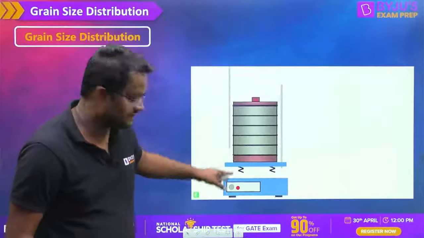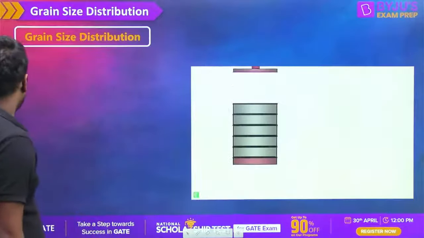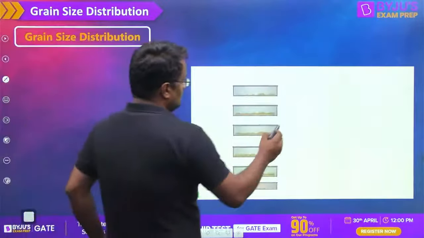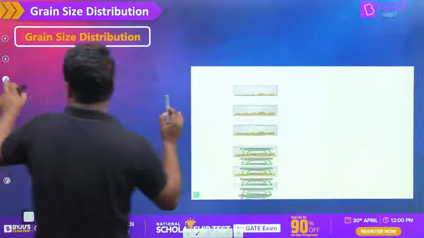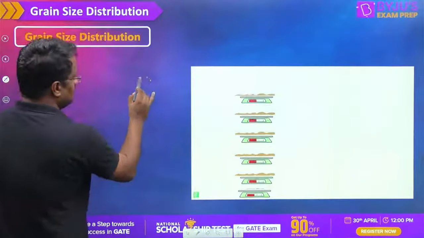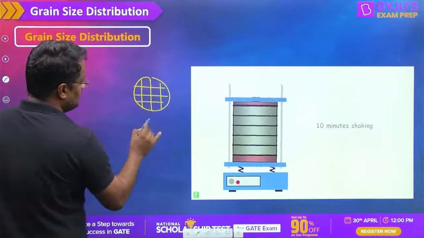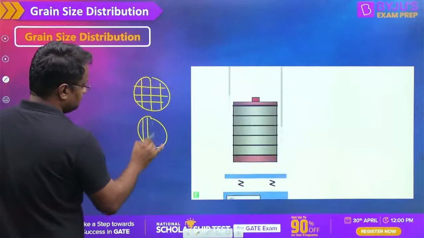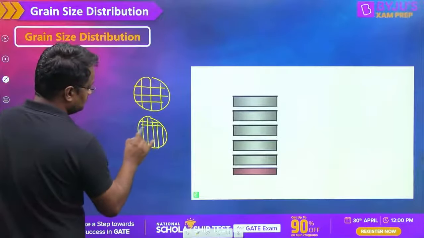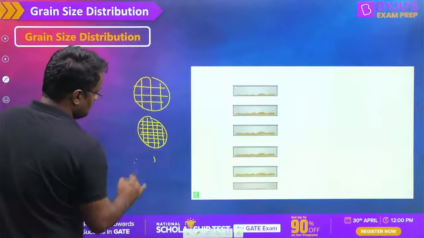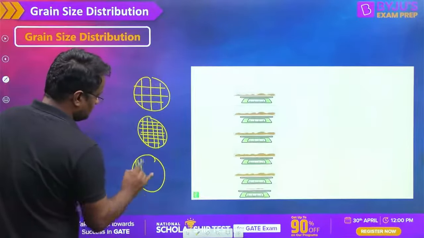There are different sieves. The bigger diameter sieve is at the top. The sizes are bigger, then smaller, and then further smaller.